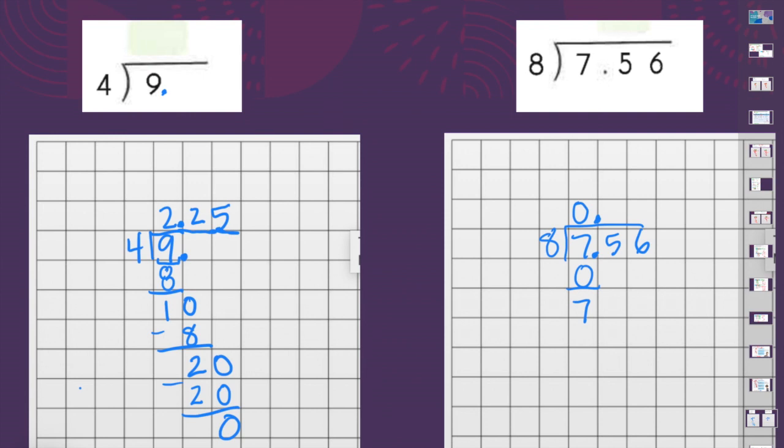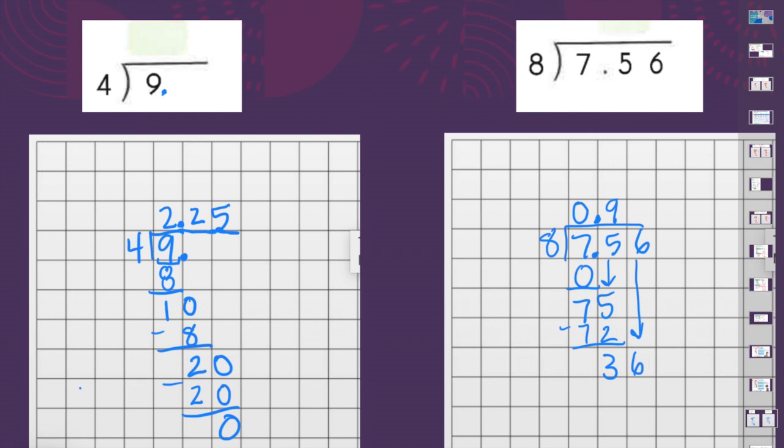And 7 ones becomes 70 tenths, and we add our 5 tenths that are already there. So we have 75 tenths, and 75 tenths divided into 8 equal groups would be 9 in each group. And 9 times 8 is 72. So we have 3 tenths left over to regroup with our hundredths.